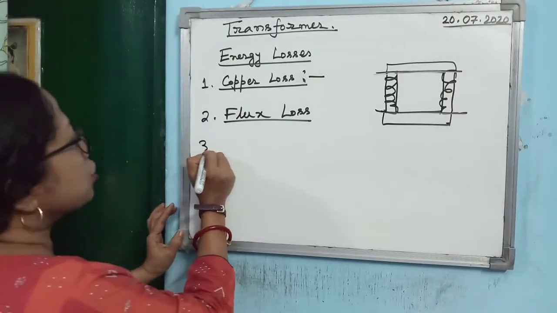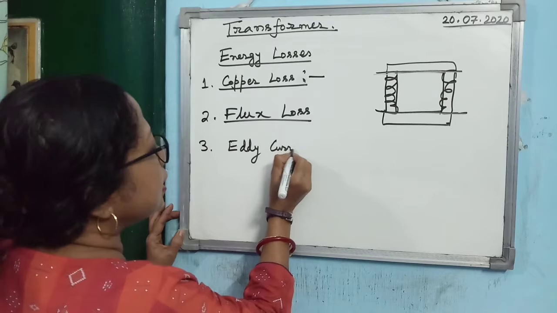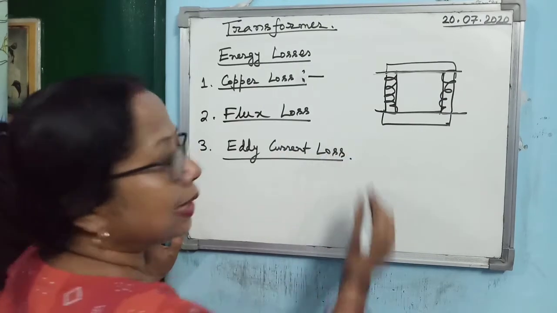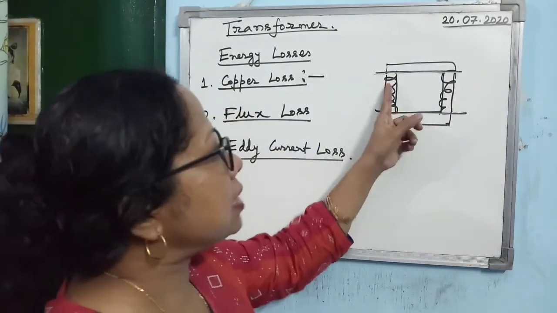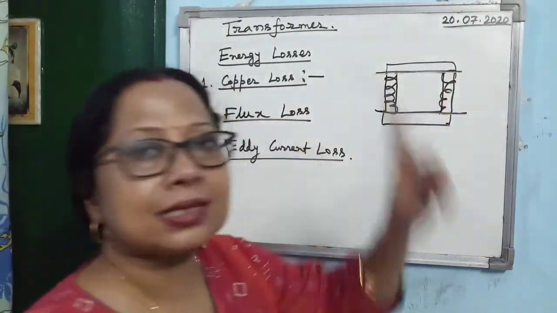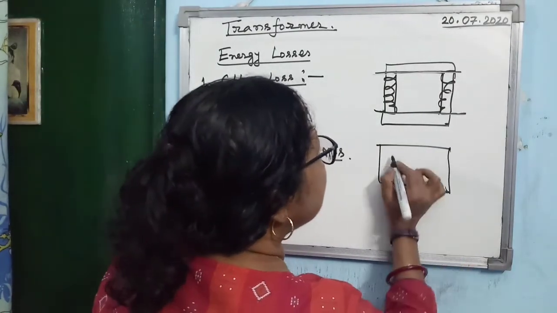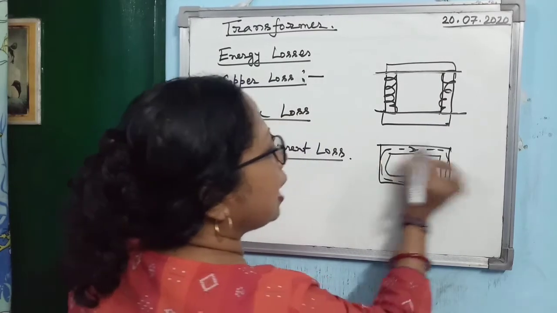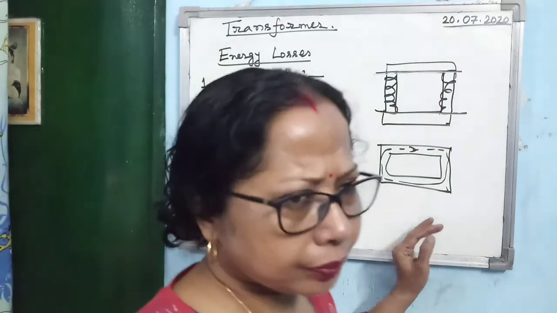Then the next one is known as the eddy current loss. What is eddy current loss? You know that due to electromagnetic induction, when alternating current passes through the primary as well as the secondary, a current develops in the core, which is the eddy current.